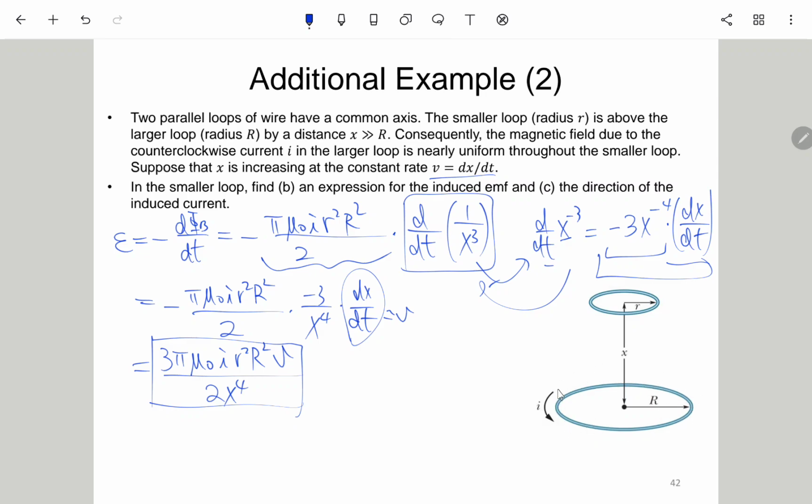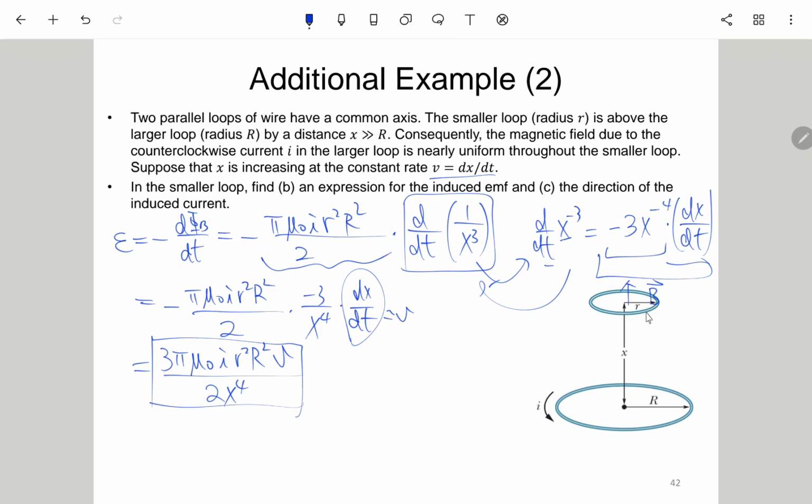So we know that the B field is pointing upward at this point, generated by this larger coil. And as the loop moves away, the magnetic flux going through this smaller coil is decreasing.